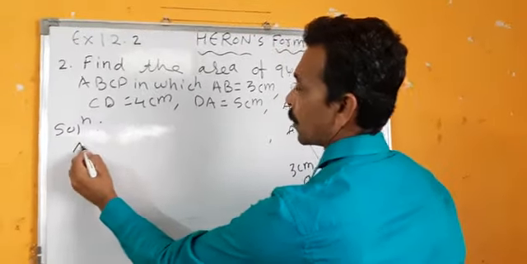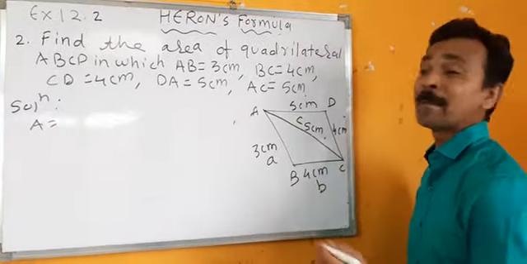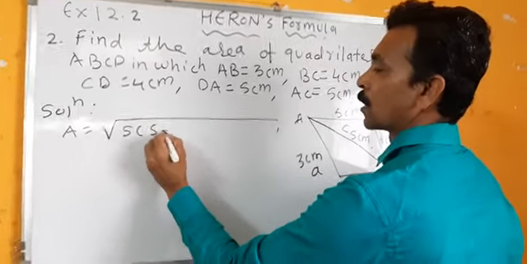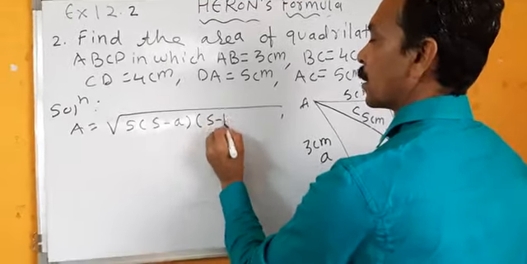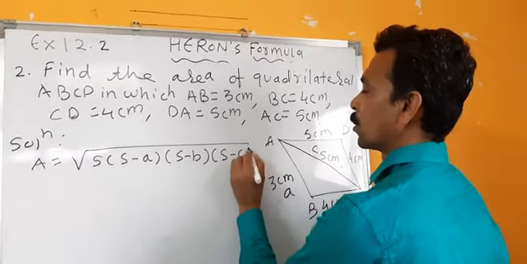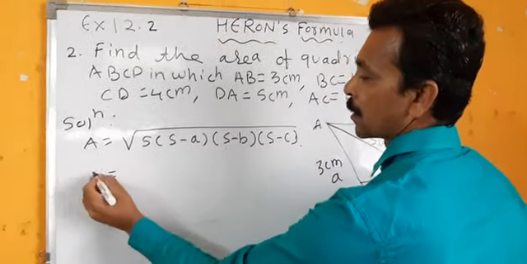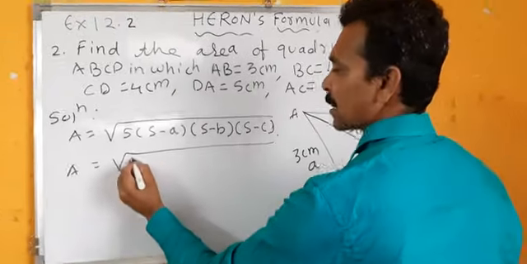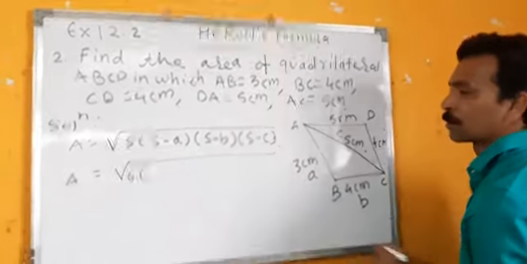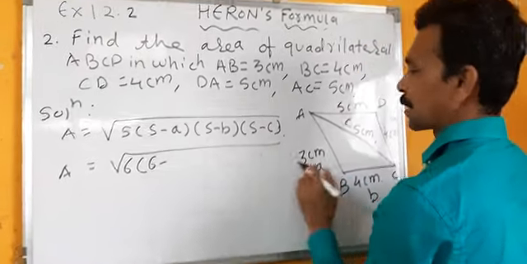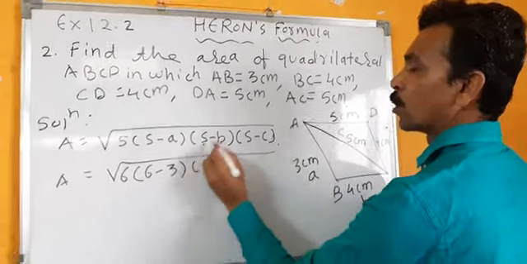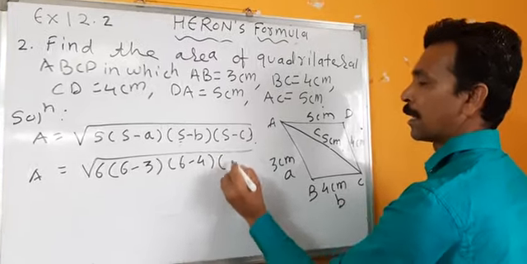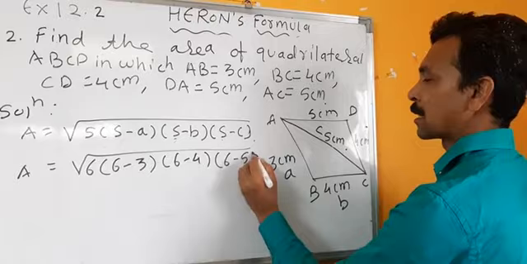Area of triangle ABC is equal to under root S into S minus a into S minus b into S minus c. What was semi-perimeter? 6 centimeter. S minus a means 6 minus 3, S minus b means 6 minus 4, S minus c means 6 minus 5.